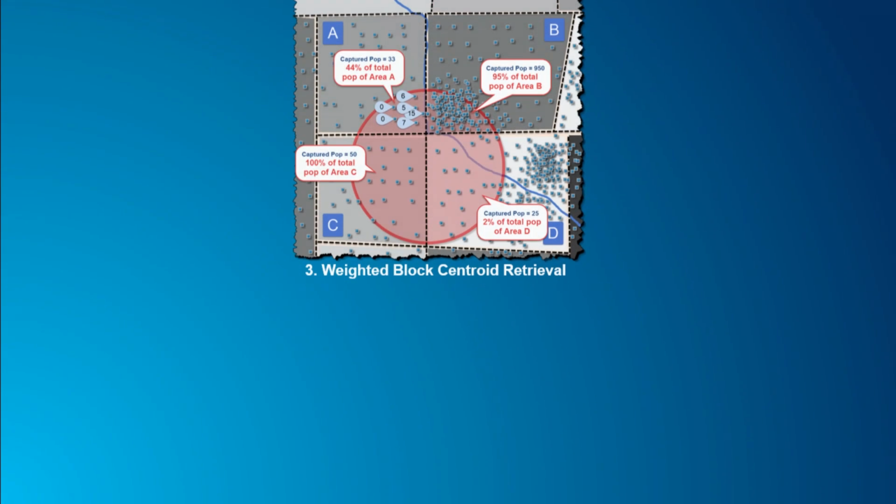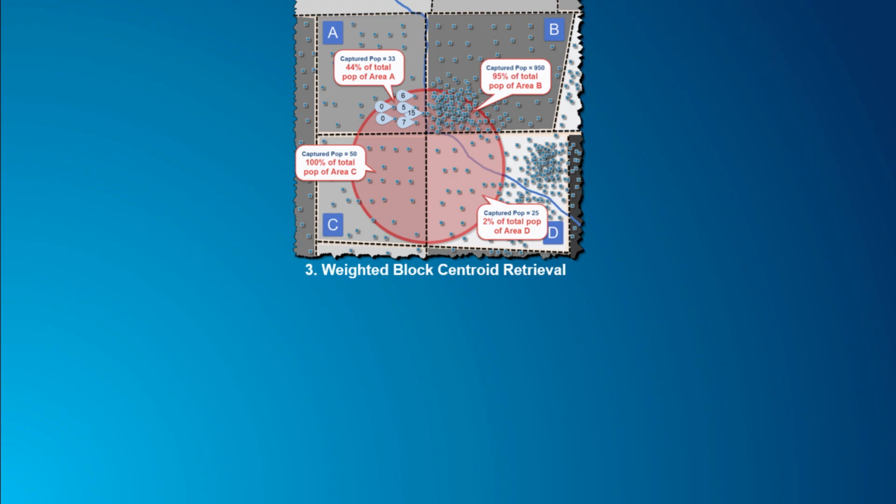So we'll talk a bit about the data apportionment. In this example, this would be our most accurate data apportionment method, weighted block centroid retrieval. You can see that in this, what we would call an irregular study area, this ring here, it intersects 4 census block groups. And populations aren't distributed evenly.